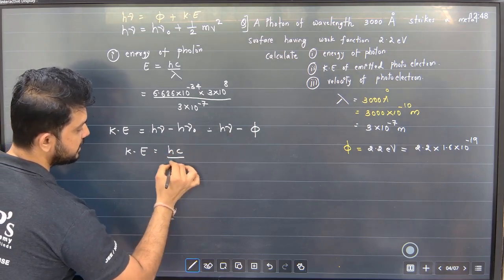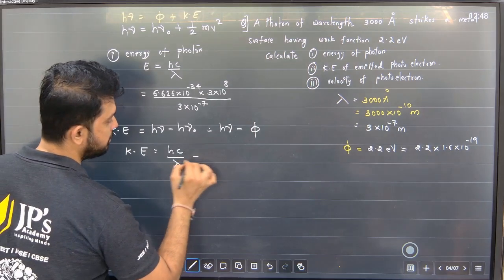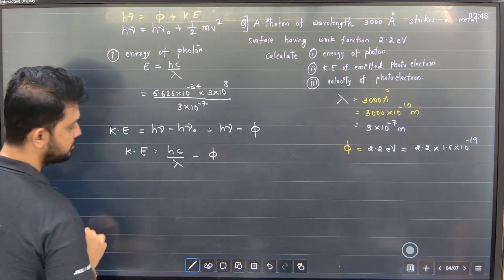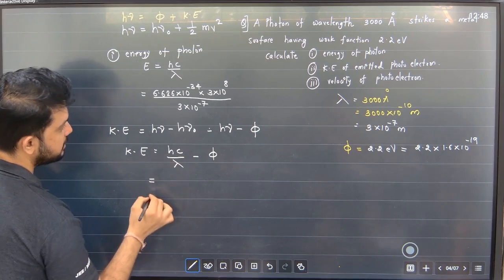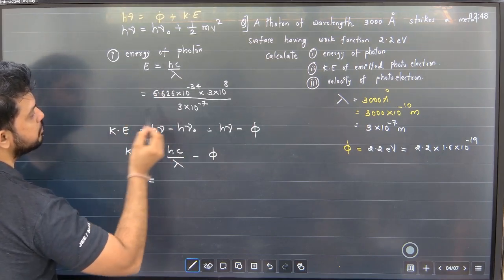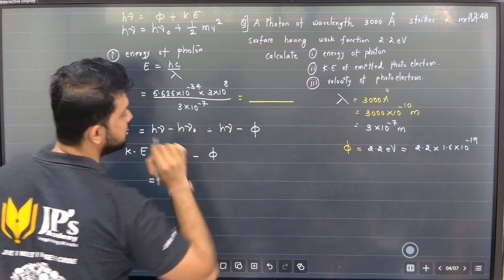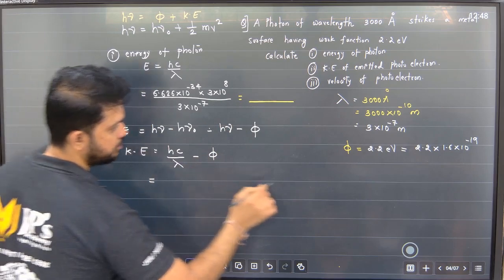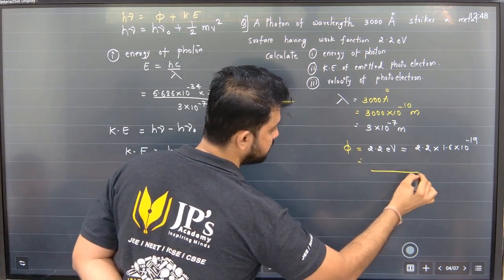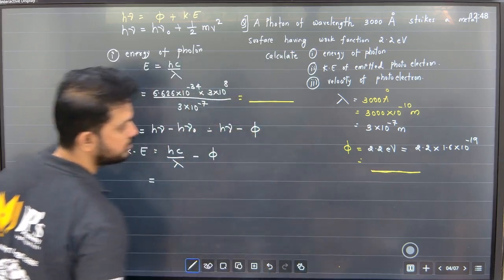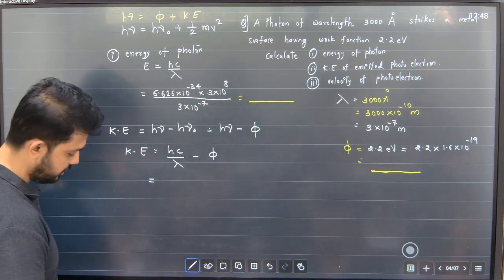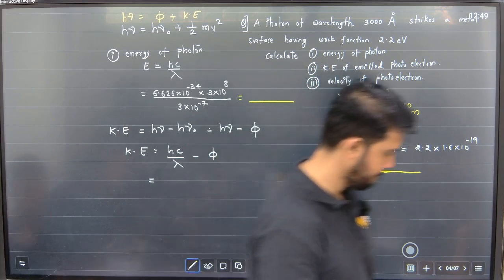I can write that as hc by lambda minus the work function. hc by lambda is the energy of the photon. Its value you will get from here, and the value of work function phi you'll get from here. Quickly calculate that for me.